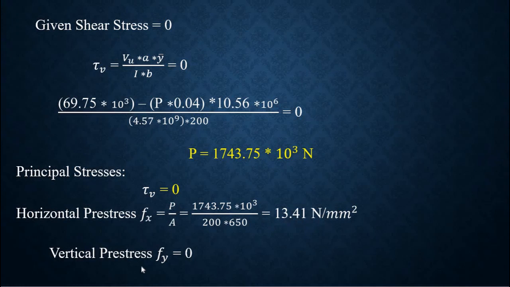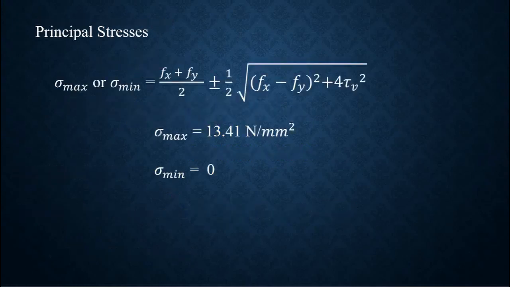Next is vertical stress. Vertical stress will be 0, so Fy is 0. Next is the calculation of principal stresses. For the calculation of principal stresses, the formula is sigma is equal to (Fx plus Fy) by 2 plus or minus 1 by 2 whole root of (Fx minus Fy) whole square plus 4 2V square.